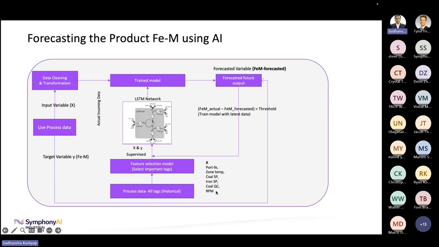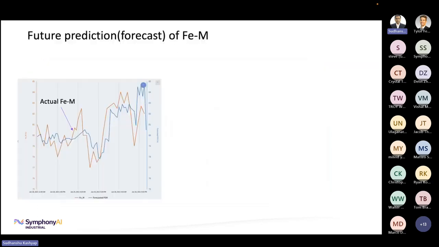And then once the model is operationalized, it uses the live data to forecast the metallic reduction in iron at the end of the kiln 8 hours in advance. And here is a comparison of the actual reduction, which is measured in the lab, and the predicted, forecasted one. As you can see, they are very close and follow each other.